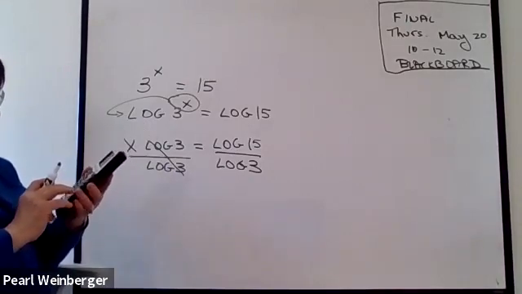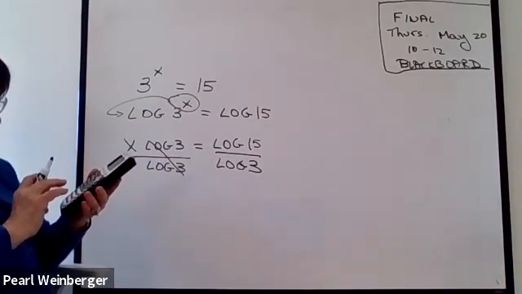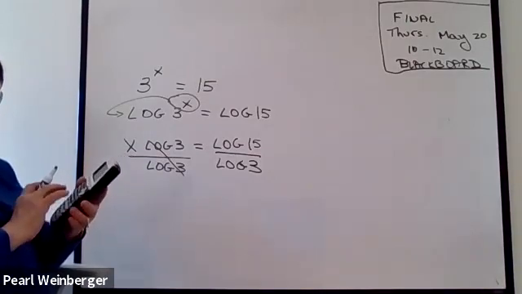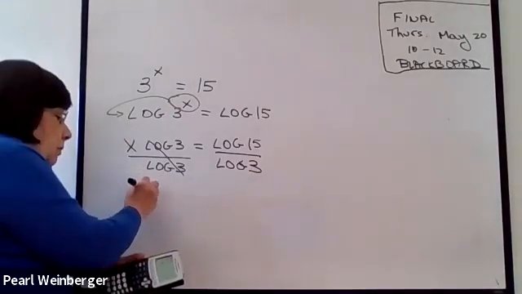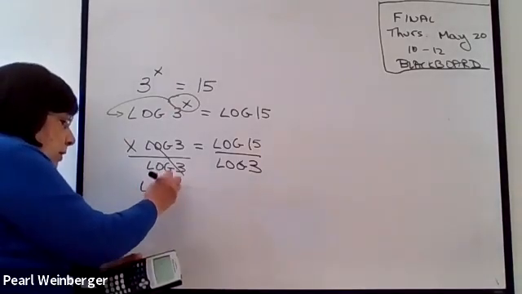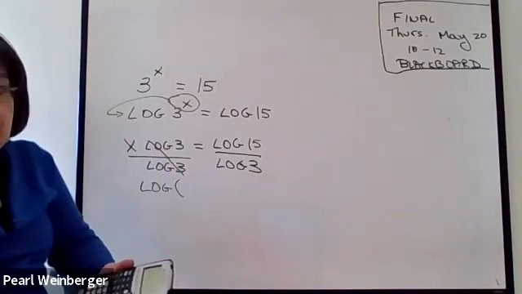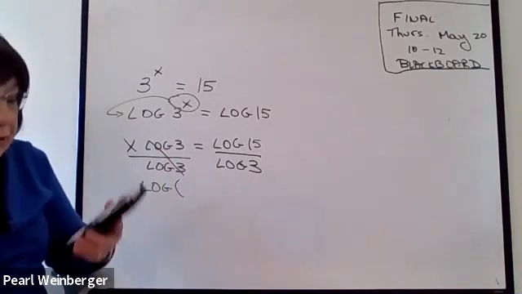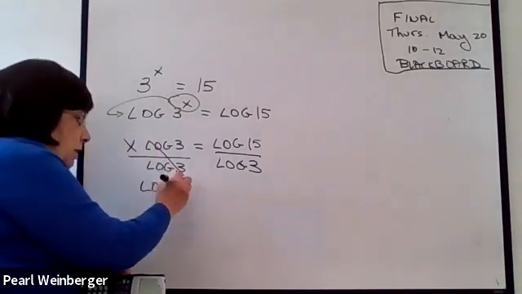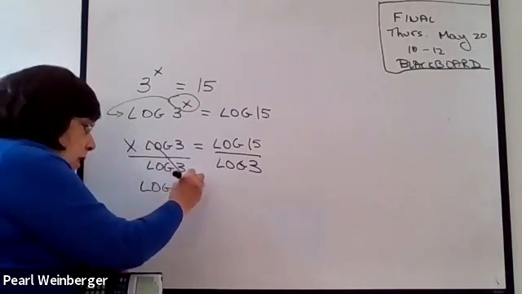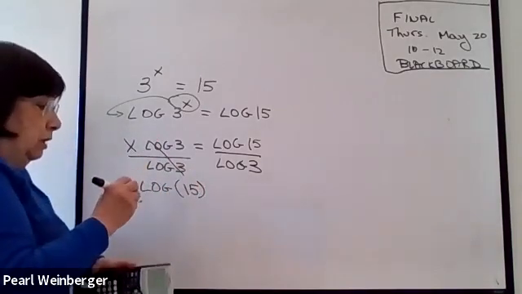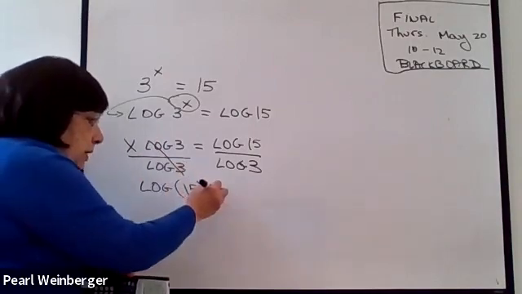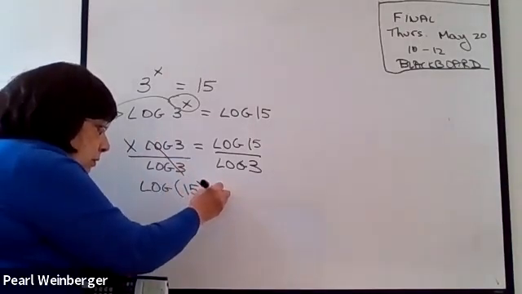Make sure your calculator is on and press your log button. When I press my log button, it automatically opens up a parenthesis. If yours doesn't, you should put in a parenthesis. Put in the 15, close the parenthesis, press your divide button.